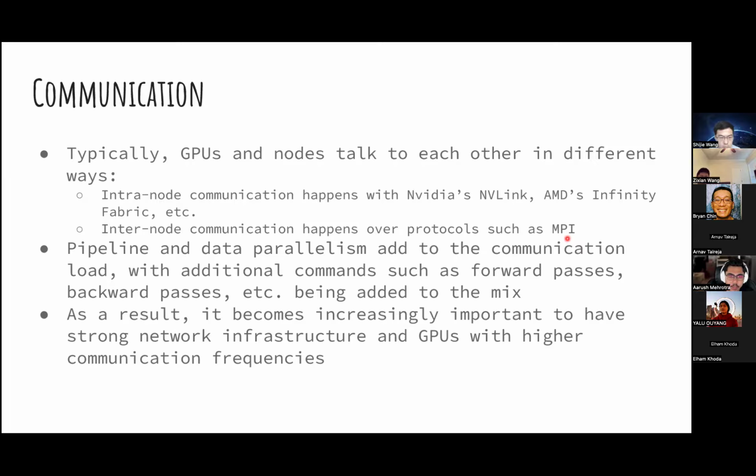So it leads to a balancing act that needs to be made. So it becomes increasingly important, if we want to implement something like this, to have strong network infrastructure, and we want to have GPUs with higher communication frequencies, or higher communication bandwidth, if we want to implement parallelism.